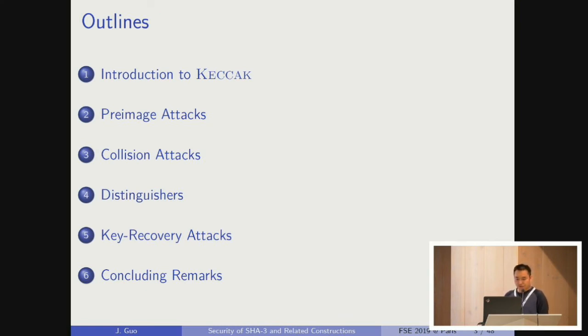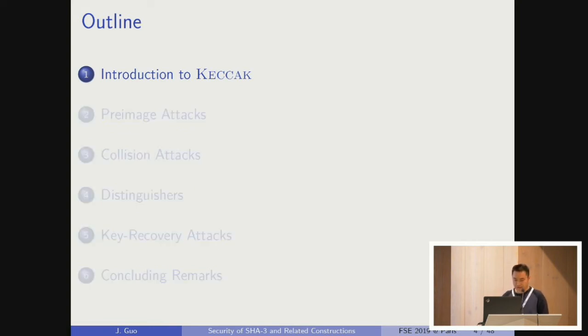First of all, I will introduce Keccak. The research community is more used to the word Keccak rather than SHA-3 still. Then I will go for 4 different aspects of the security: preimage, collision, distinguisher, and key recovery. Finally, I will give the concluding remark.